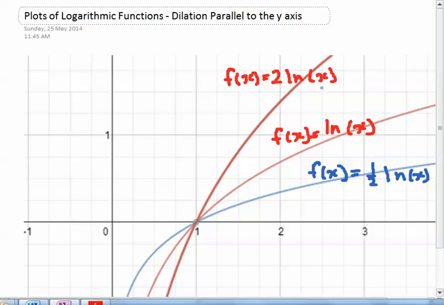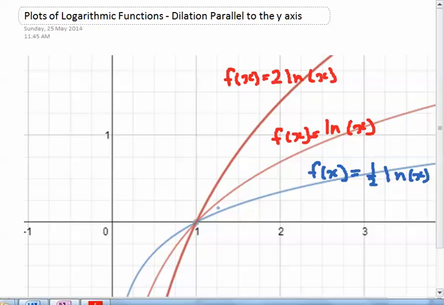And that's because what's in brackets has not changed. What's changed, of course, is the coefficient of the logarithmic function itself. But the x-intercept is always going to occur where what's in here is equal to 1, isn't it? Because ln 1 is equal to 0, and 2 times 0, or half times 0, is still 0. So that's how that works.